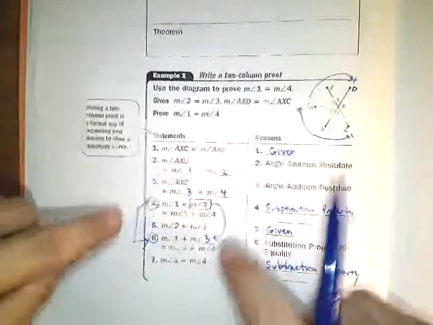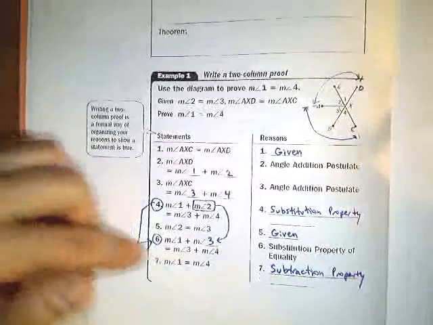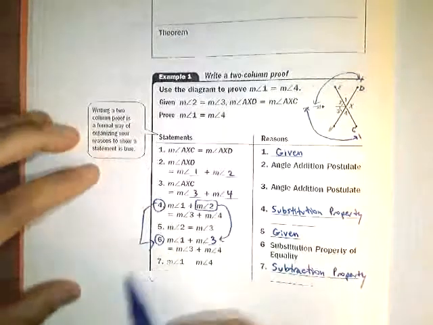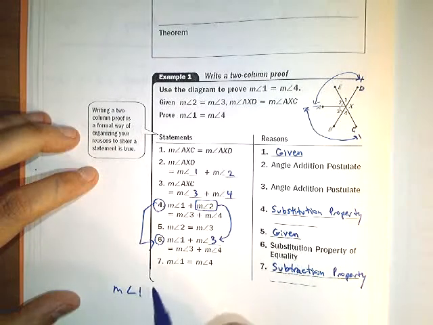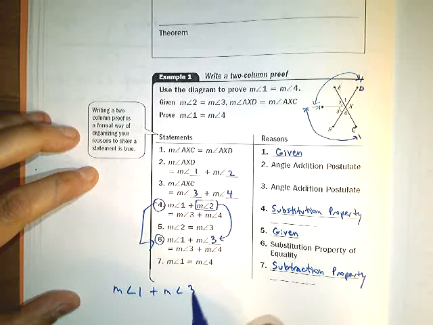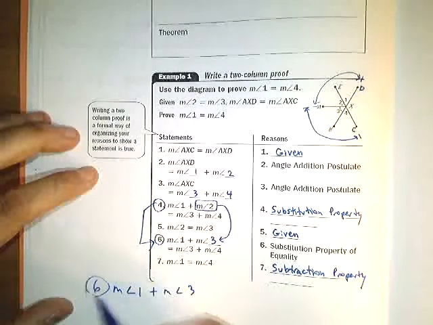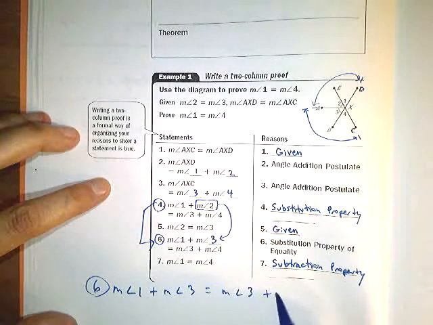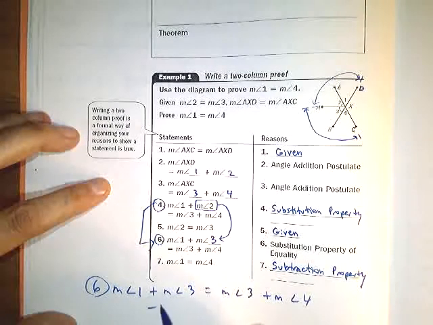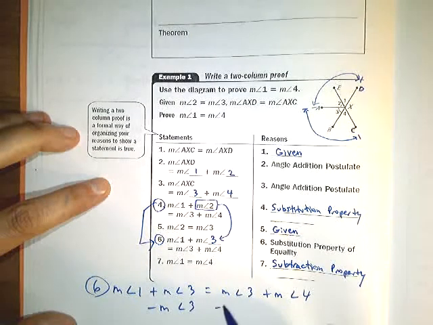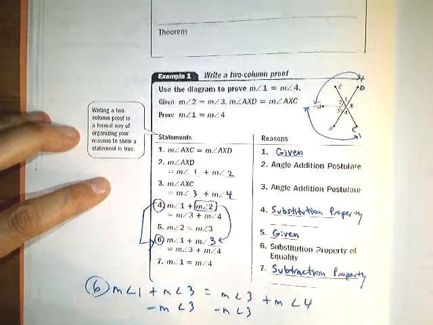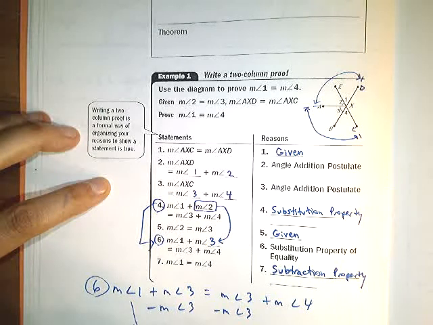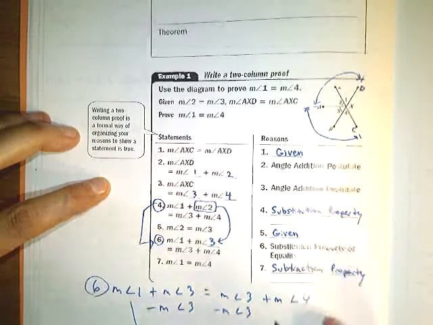On any equation, we can subtract the same thing on both sides. So even though it's not written this way, basically step number 6, measure of angle 1 plus measure of angle 3, this is step 6, equals measure of angle 3 plus measure of angle 2. Basically what they did is they just subtracted the measure of angle 3 on both sides, and they ended up with step 7 being just this equals that.